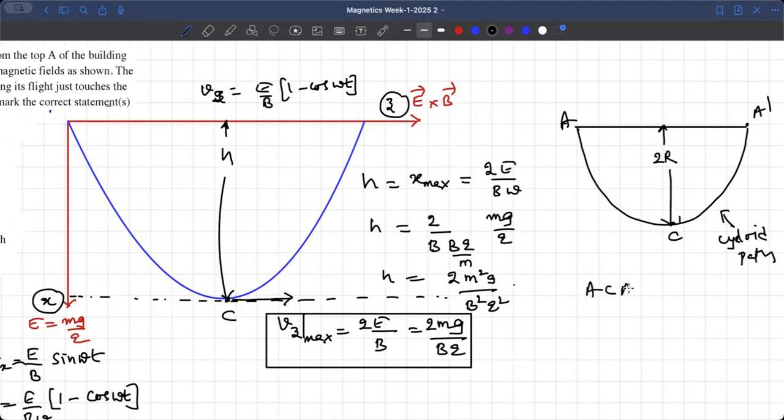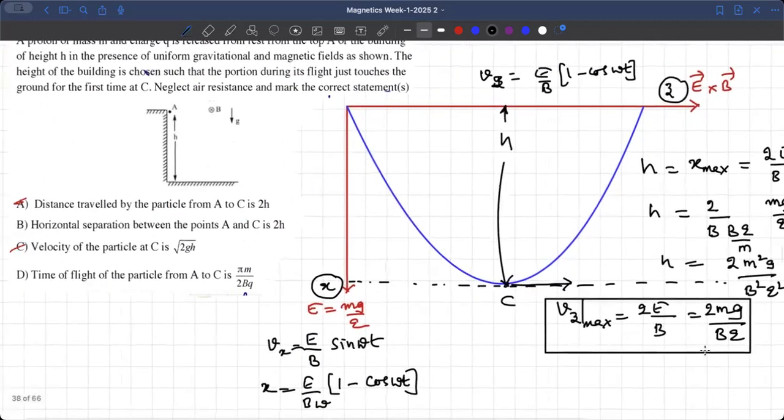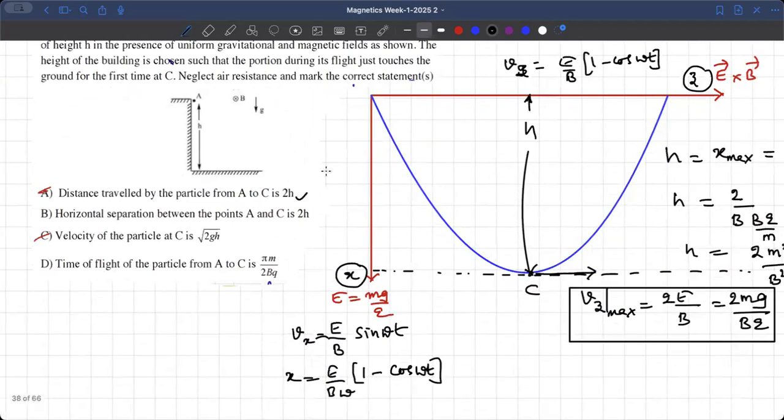And AC A dash is equal to 8R, which is nothing but 4 times h. If you want only AC, half of AC A dash, which is nothing but 2h. So therefore, distance traveled by the particle from A to C is 2h, correct.